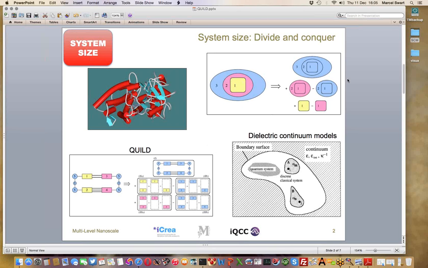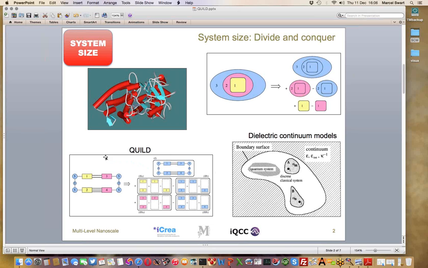And this is usually done like that, so you treat the yellow parts in high detail, then you take a somewhat lesser description for the pink part, and the blue one you can treat at an even lower level.